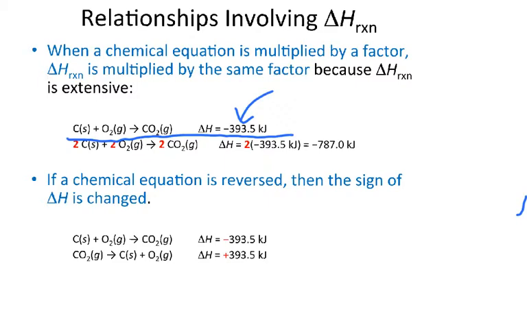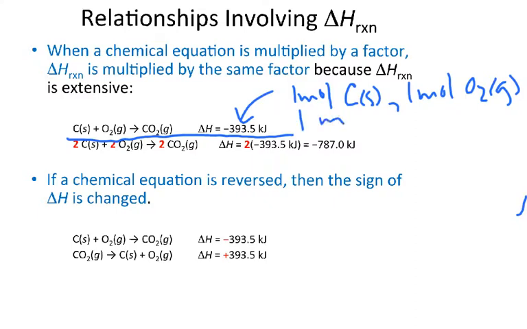Now, this enthalpy is for 1 mole of solid carbon, for 1 mole of oxygen gas, and for 1 mole of carbon dioxide gas, right?